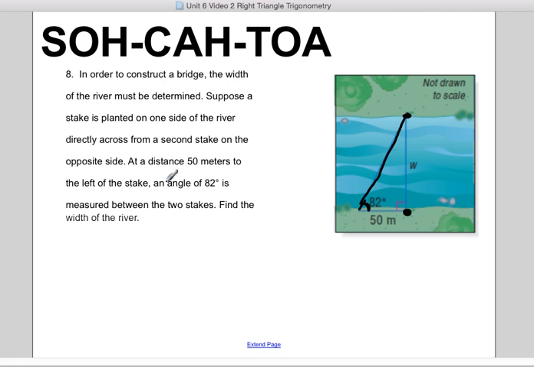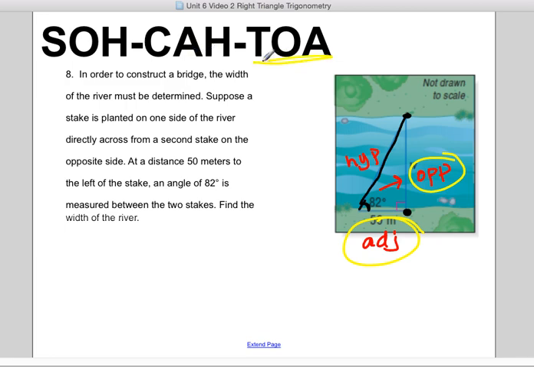Okay. This one was nice and drew you a picture. If there is not a picture, please draw yourself a triangle and fill in the information. So let's see, how would you solve this? Well, this is my opposite. This is my hypotenuse, which doesn't help me. There's no information there. And this is my adjacent. So who uses adjacent and opposite?